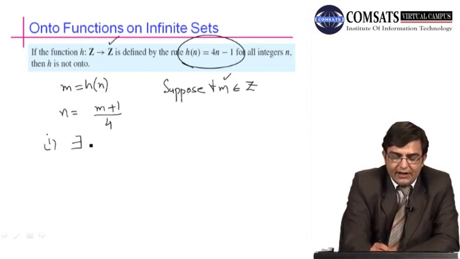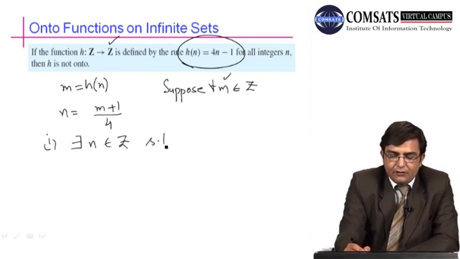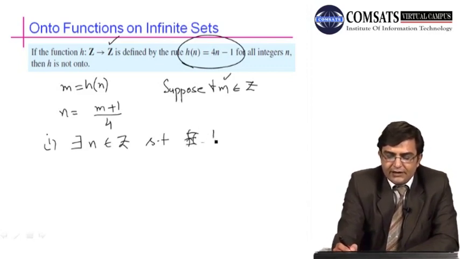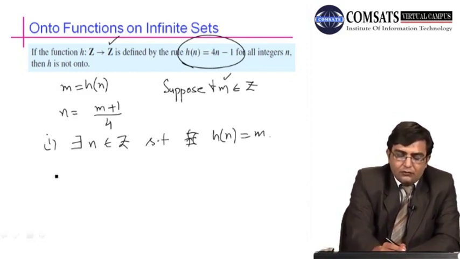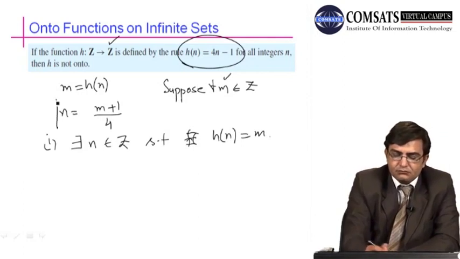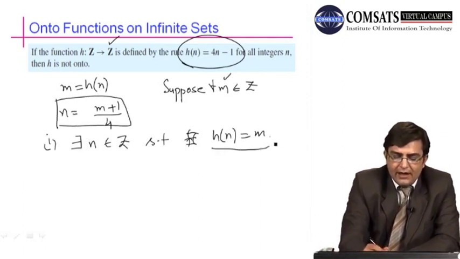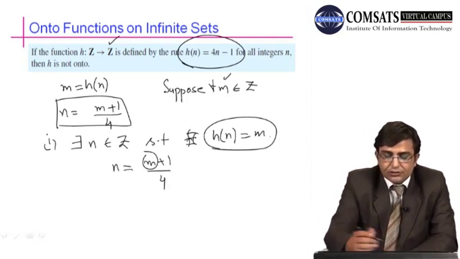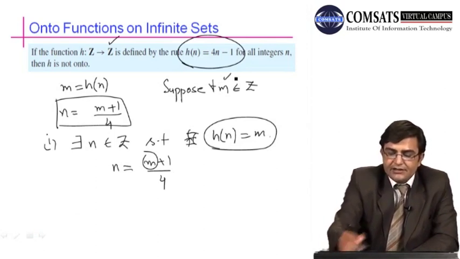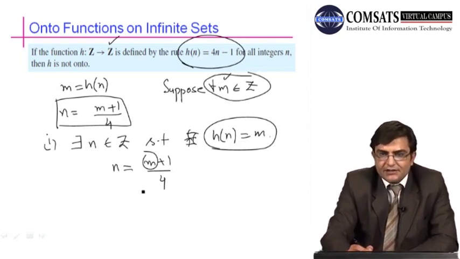We have to prove there exists n belongs to z such that h of n is equal to m. So we find here n by using the definition. n is what? n is m plus 1 divided by 4. Here m is what? Integer, because we have taken m an integer. m plus 1 is an integer.